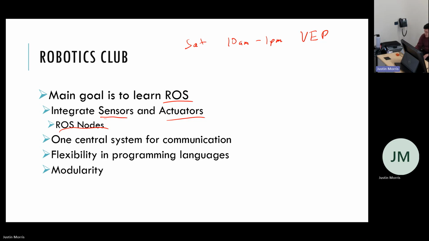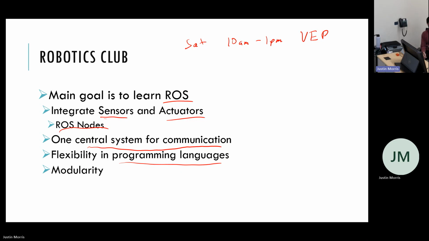The reason that we like ROS is it's one central system for communication. We also have the flexibility in that all of our different nodes can support almost any programming language.